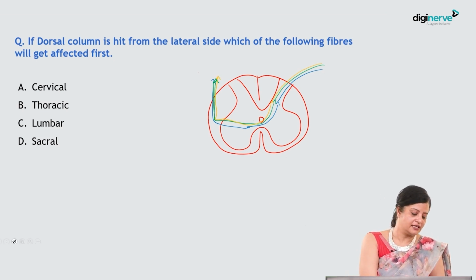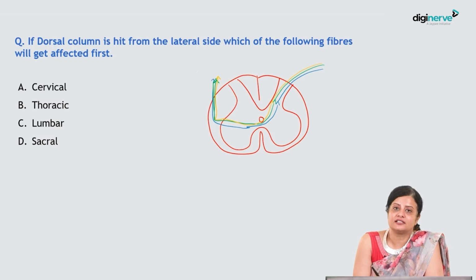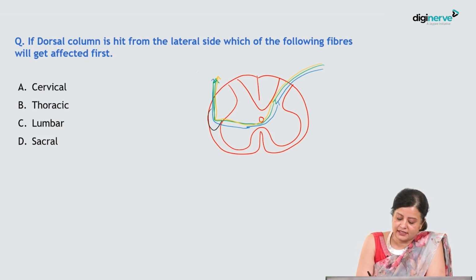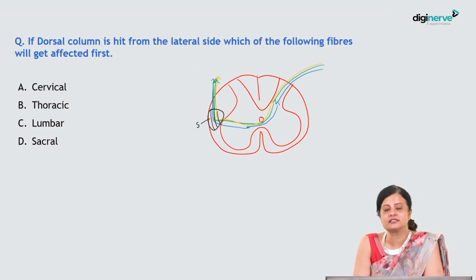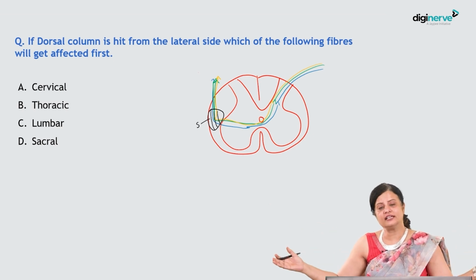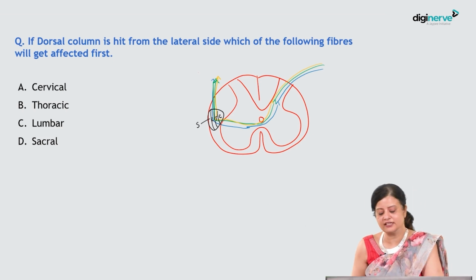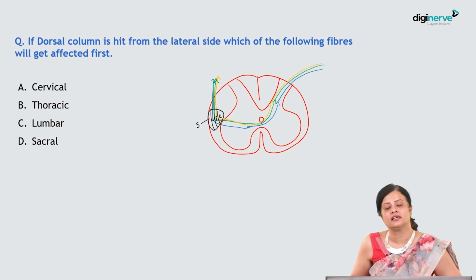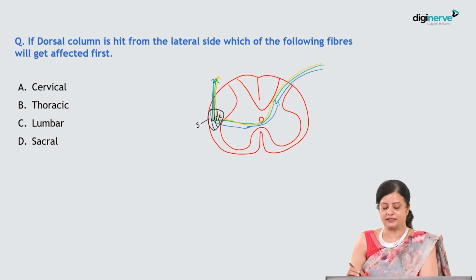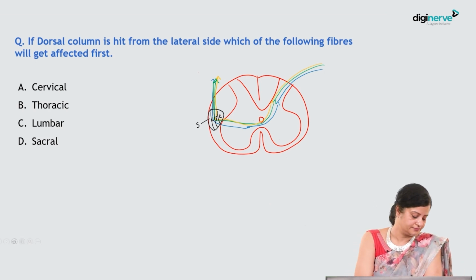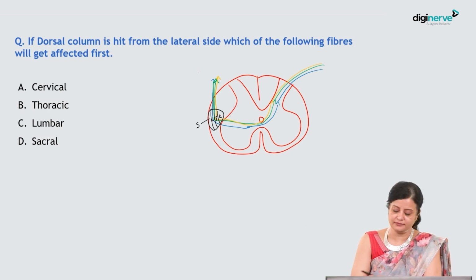Hence the lateral spinothalamic tract is arranged so that the sacral fibers are on the lateral side, then you have lumbar, thoracic and cervical fibers.